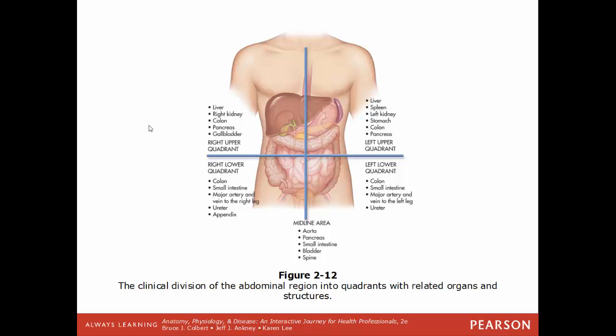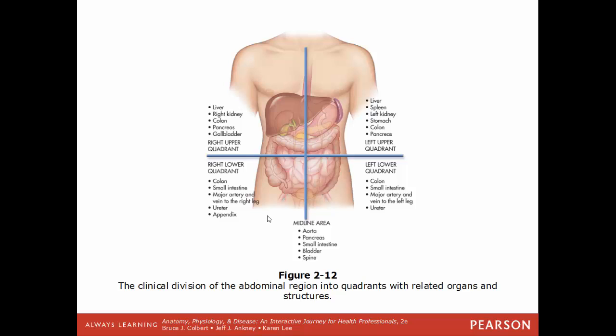Parts in the right lower, the colon, small intestine, the major arteries and veins going to the right leg, and the ureter and the appendix. And the left lower quadrant, parts of the colon, small intestine, the major arteries and veins going to the left leg, and also the ureter. And the areas toward the middle line, where these quadrants intersect, aorta, pancreas, small intestine, bladder, and of course spine.